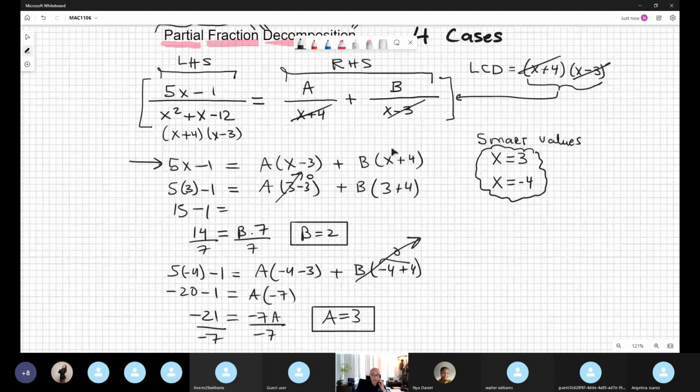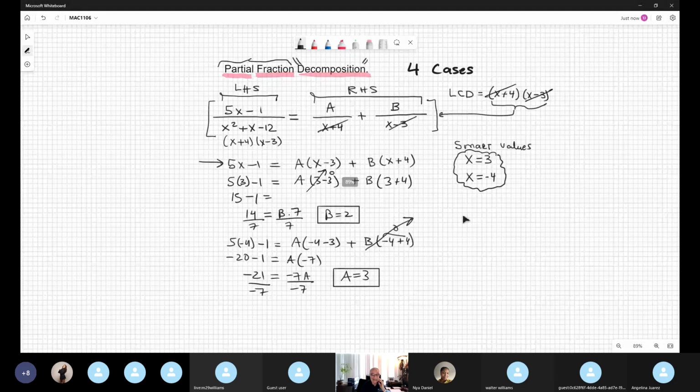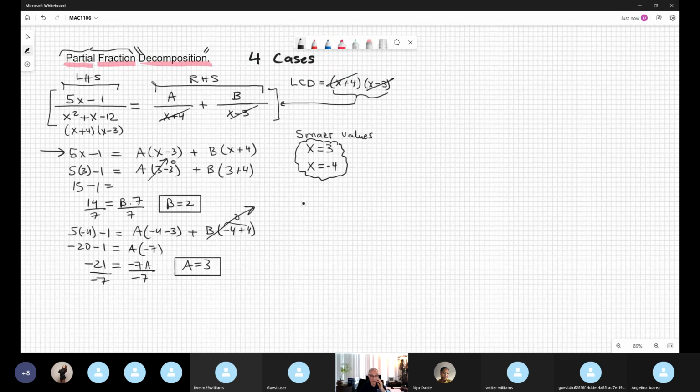So what is the fantastic conclusion? The final answer is this rational expression: 5x minus 1 divided by x squared plus x minus 12 is equal to... A is 3, and B is 2.